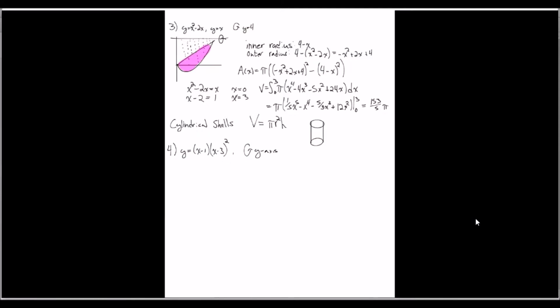What that kind of looks like is, we've got these little tick marks right here, and then our function kind of looks like this. And we're going to be rotating it around the y-axis, so we're going to go around this.